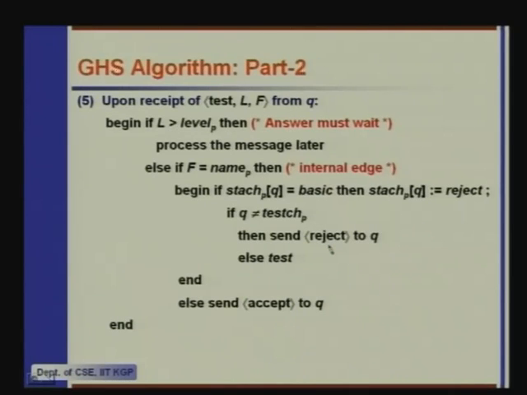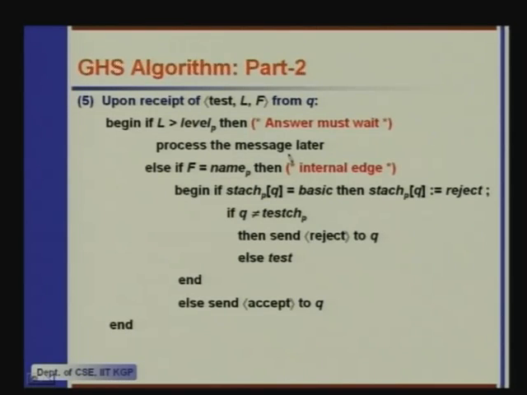Now let us look at what a node does when it gets a test message from a neighbor. If it finds that the level of the test message is greater than its own level, then we do not do anything, we just defer. Why do we defer?